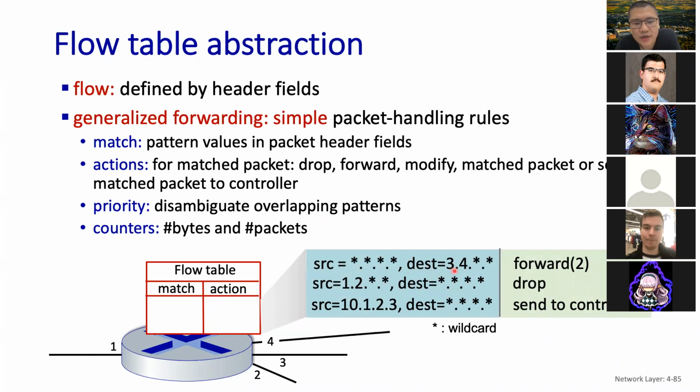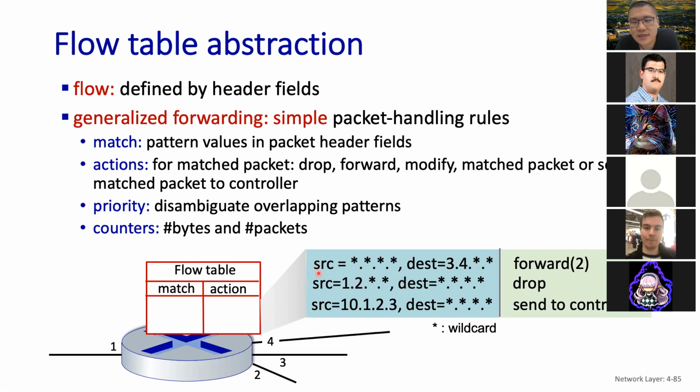So if we want to match destination 3.4 dot something, and then forward 2, what does this mean? So this means that if you find some packet, the destination IP started with 3.4 dot something, right? You just forward this packet to output link 2, right?